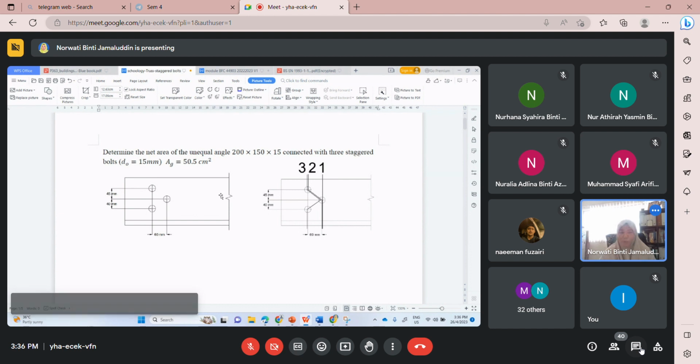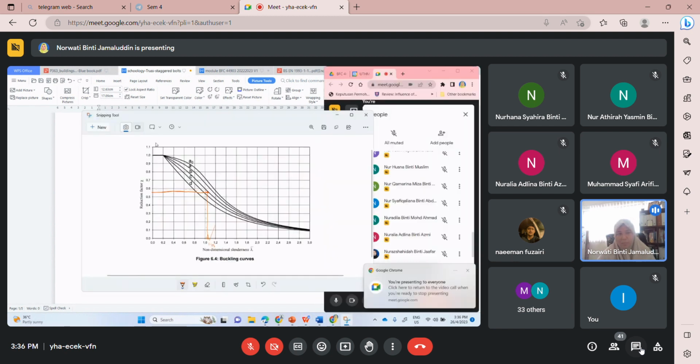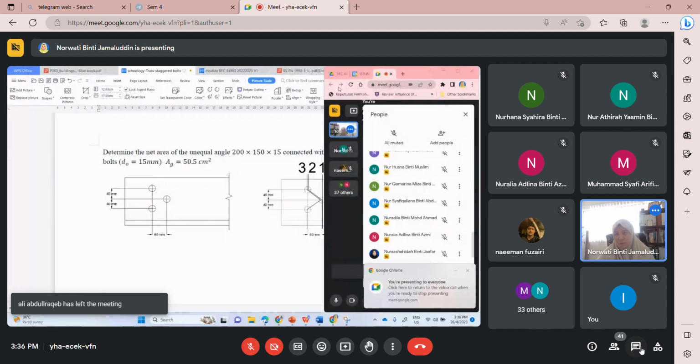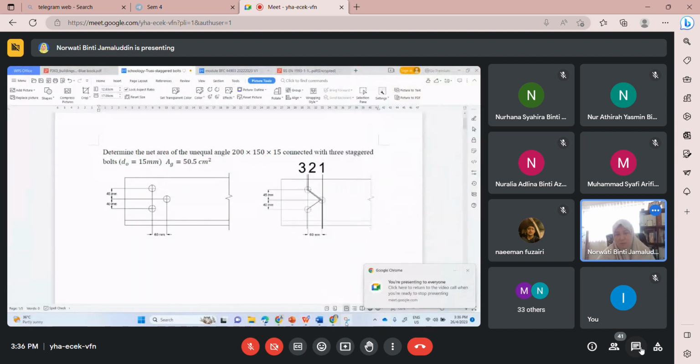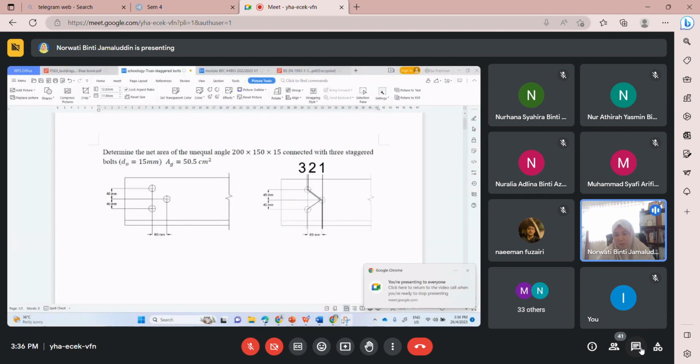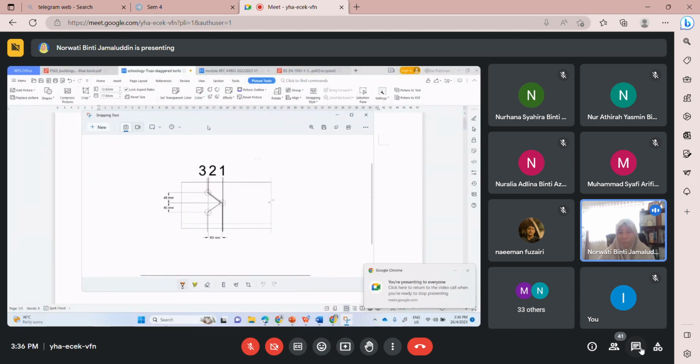First, what you need to do is determine the possible failure lines. In this case, as you can see, there are 3 possible failure lines that you can come out with.